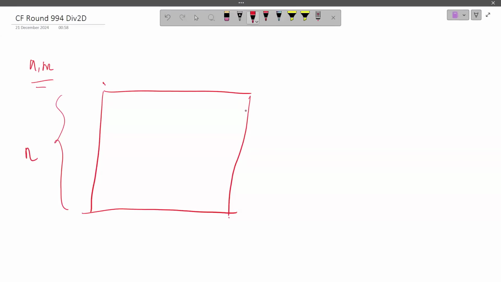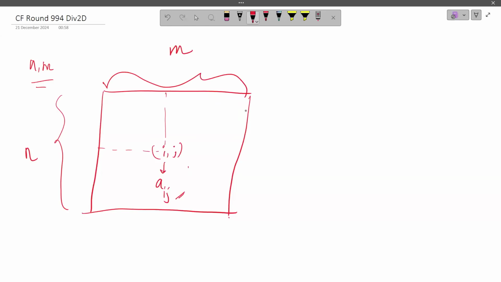There are n rows and m columns. And just like the standard convention, they call the ith row and the jth column's intersection (i, j), and the value stored there is a_ij. So this is the standard convention which the problem follows.